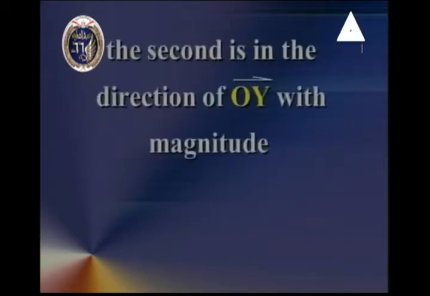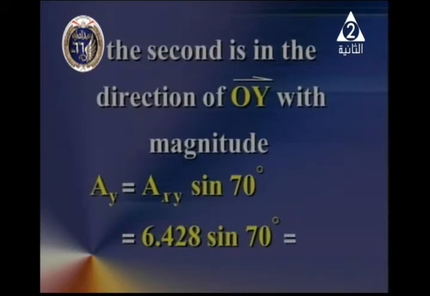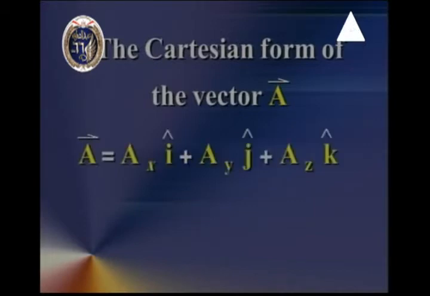The second in OY with magnitude AXY sine 70. By substitution about AXY, 6.428 sine 70, answer is 6.04. Then after that we find AX, AY, AZ components of the vector A. The Cartesian form of the vector A becomes AX in direction i, AY in direction j, AZ in direction k.